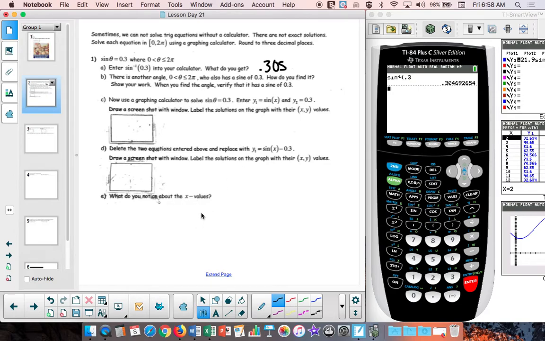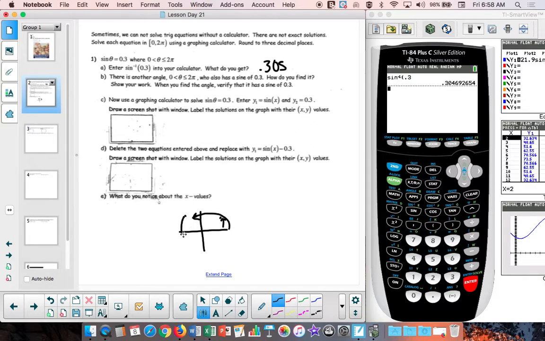There's always another angle. So the first one is here, second one's over here. Doesn't really matter exactly where it is, but we know that there's another one over here. Your calculator's not going to give you that one. You have to figure out where that comes from. And to do this, think about the reference angle. The reference angle should be the same thing.